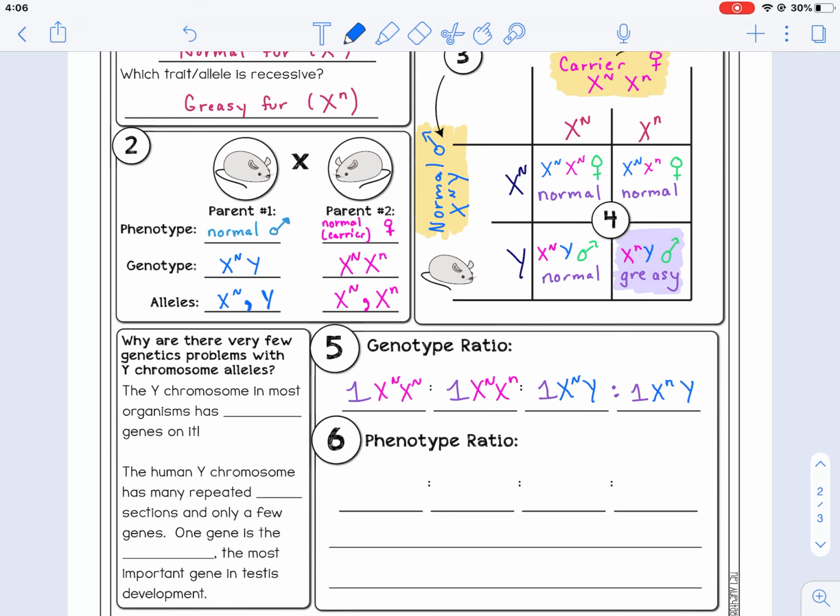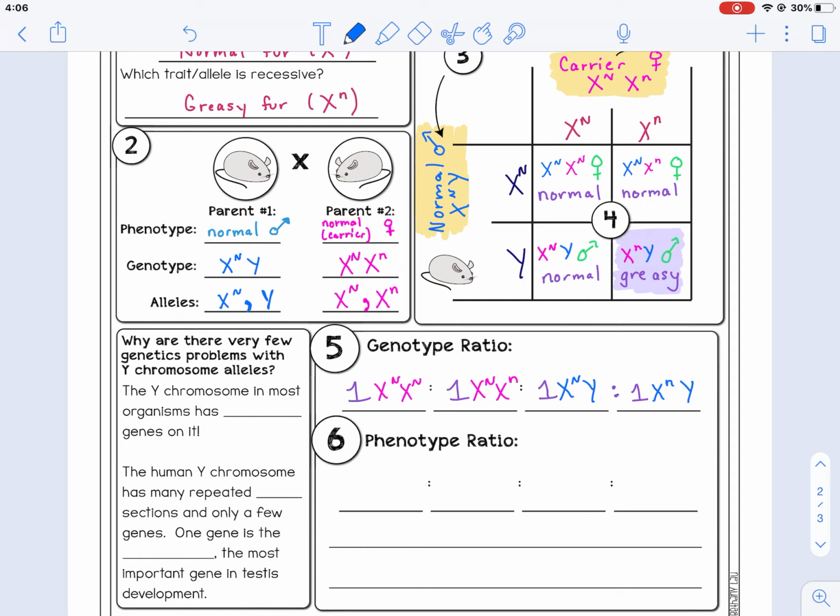So 25% would be expected to be homozygous dominant females. 25% would be expected to be heterozygous females. 25% would be expected to be normal furred males, and 25% would be expected to be greasy males.